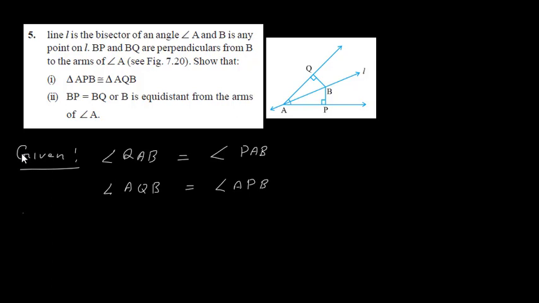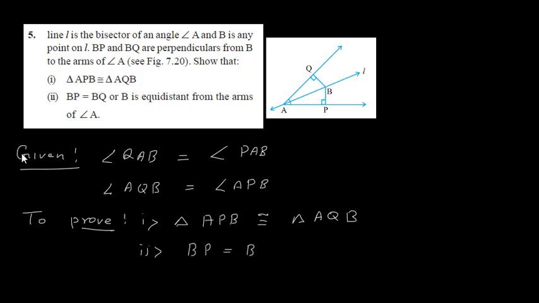And what I have to prove? So to prove, first I have to prove that triangle APB is congruent to triangle AQB, and second I have to prove that BP equal to BQ, that is B is equidistant from arm.